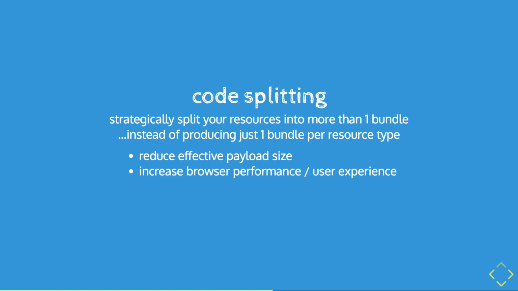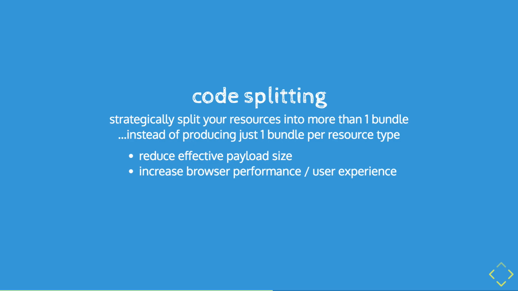You can effectively reduce your payload size, and you can increase browser performance, at least perception-wise, if not effectually, and also, obviously, affect the user experience there too. So it's better to have multiple files than one big file?